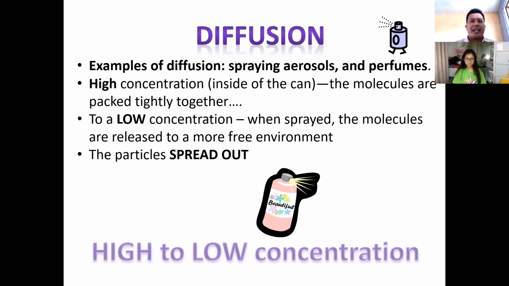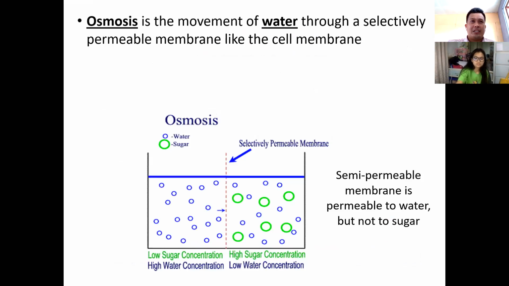If you pass the area where we sprayed the paint, there's that distinct smell that the spray paint emits. That's the movement again of the high concentration inside the can to the low concentration outside in the free environment.